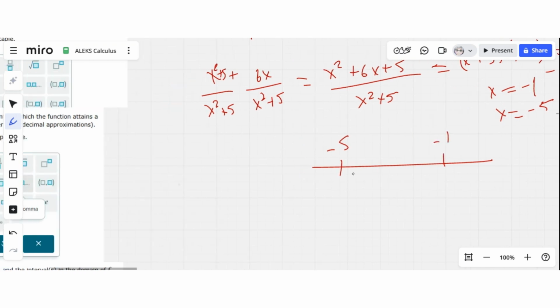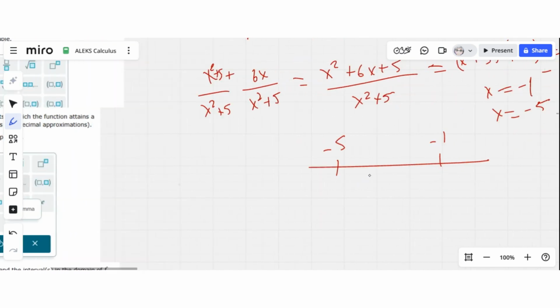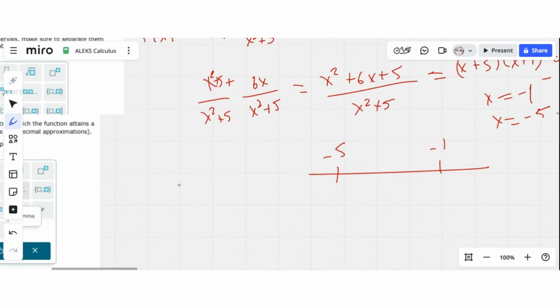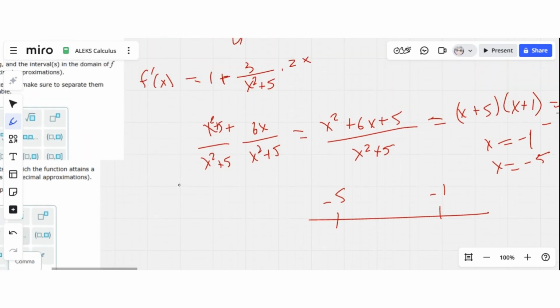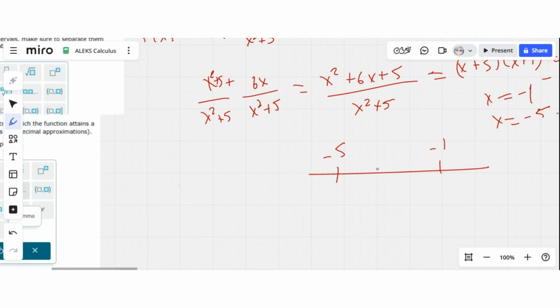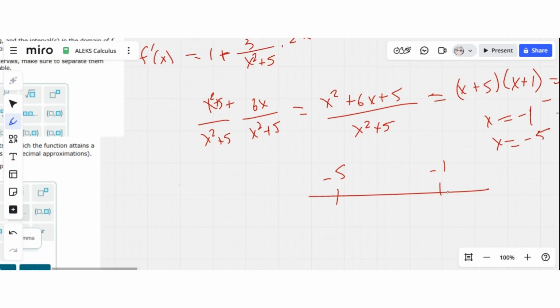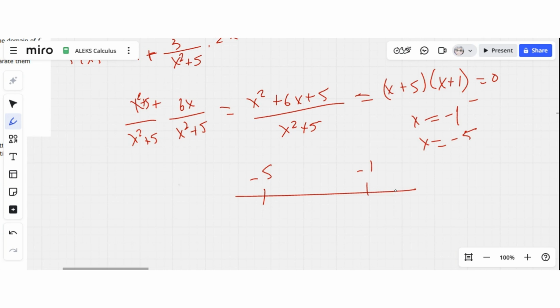Let's find our intervals on which it's increasing or decreasing. So we're actually going to test this function at points in each of these intervals. We could start over here and throw in 0 because that's pretty easy. If I put 0 into this derivative, I get 5 over 5. So that's positive there.